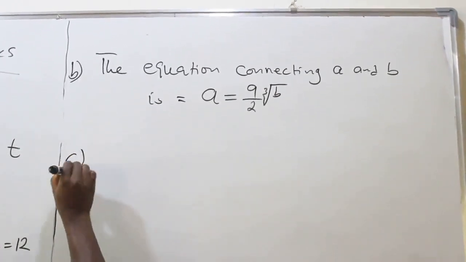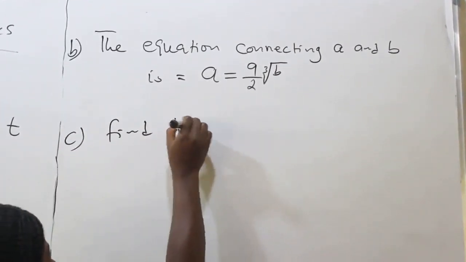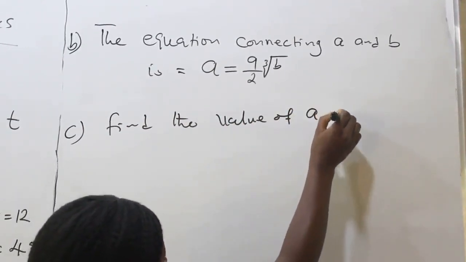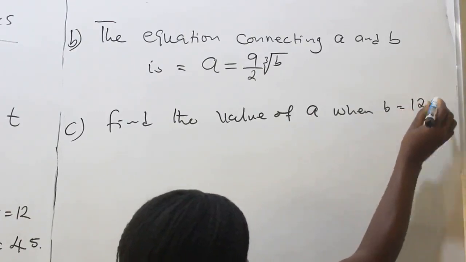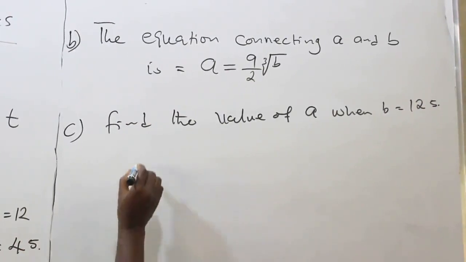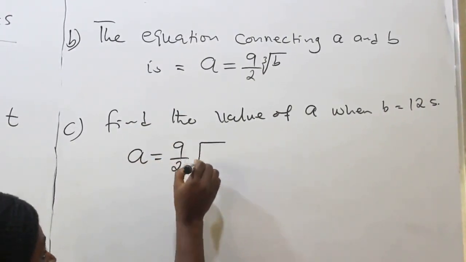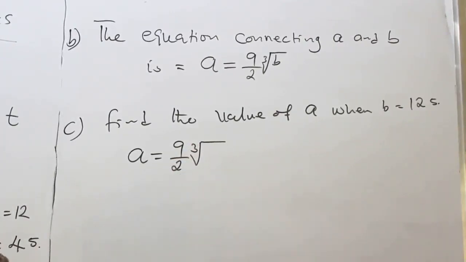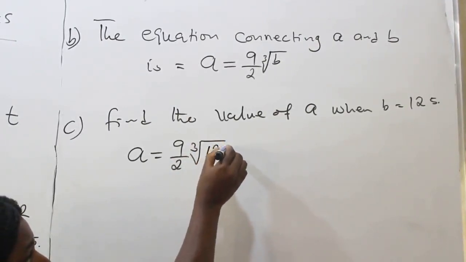Let's look at C. C, we have to find the value of A when B is equals to 125. So, from the equation connecting them, A is equals to 9 over 2, the cube root of B. We are going to substitute the value of B, which is 125.